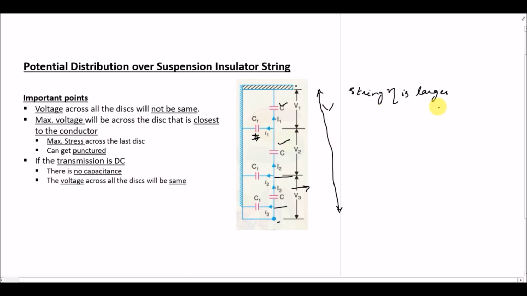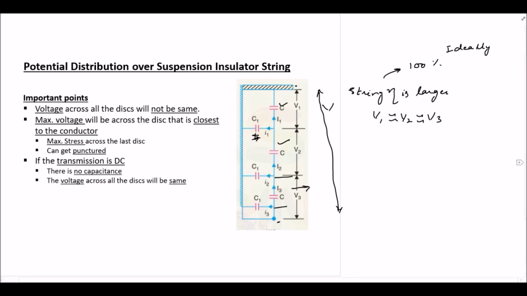So if string efficiency is larger, V1 will be approximately equal to V2, approximately equal to V3. So ideally we want the string efficiency to be equal to 100%, and by 100% we mean that the voltage is equally distributed among all the discs. So V1 will be equal to V2 will be equal to V3.